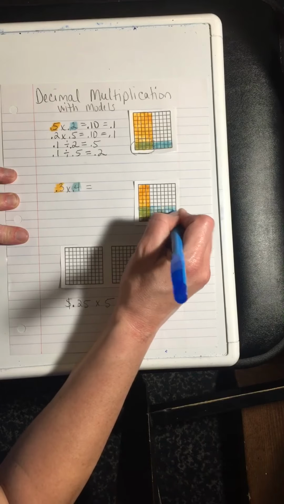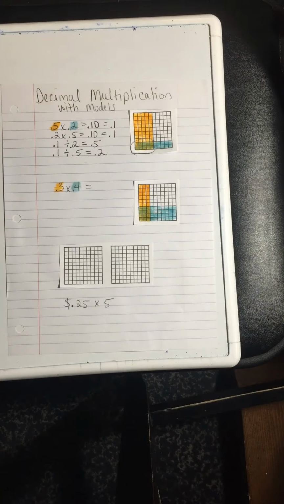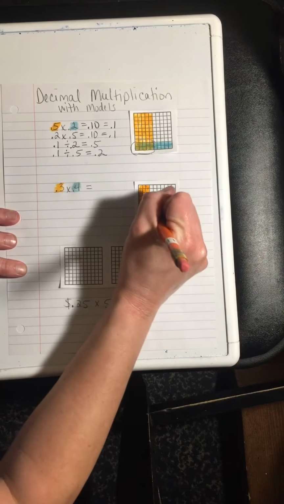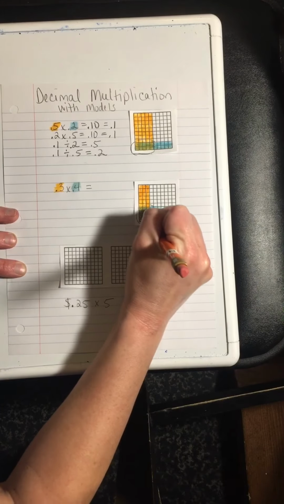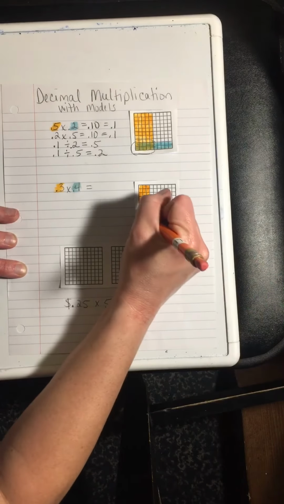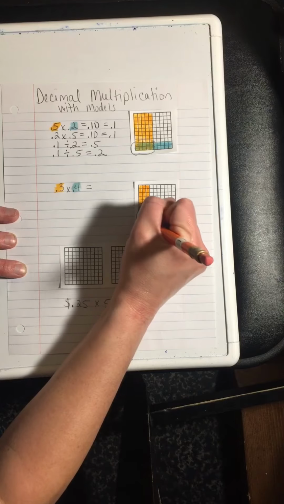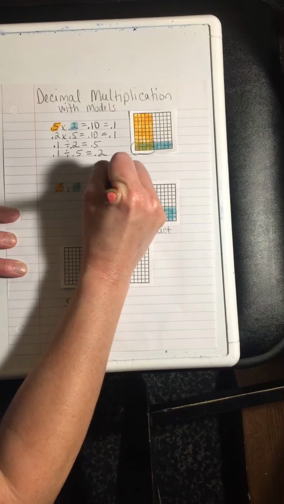Where those colors cross over is actually our answer or our product to our multiplication problem. So that would be 1, 2, 3, 4, 5, 6, 7, 8, 9, 10, 11, 12 hundredths.